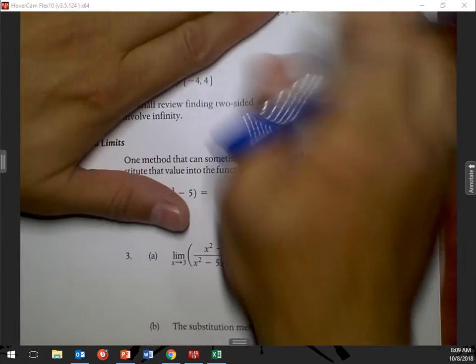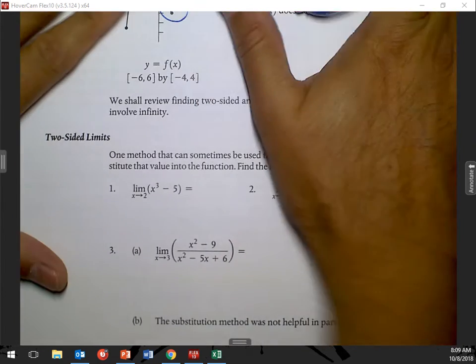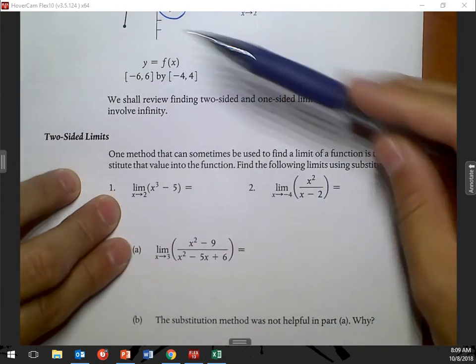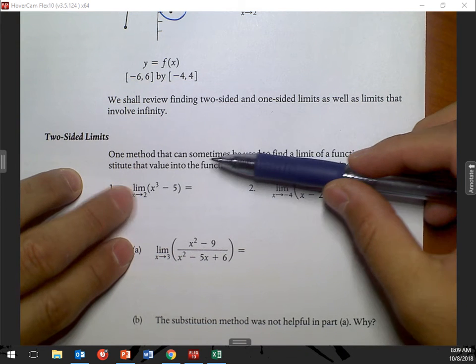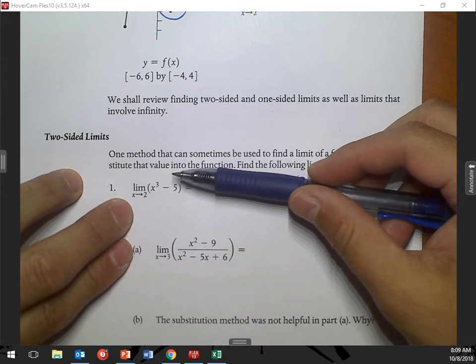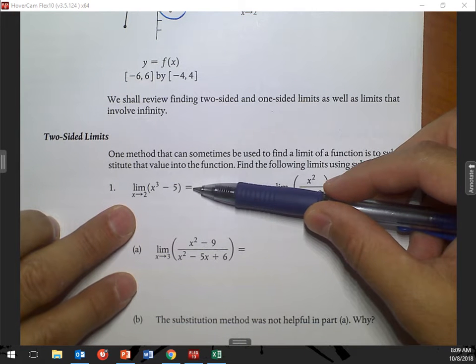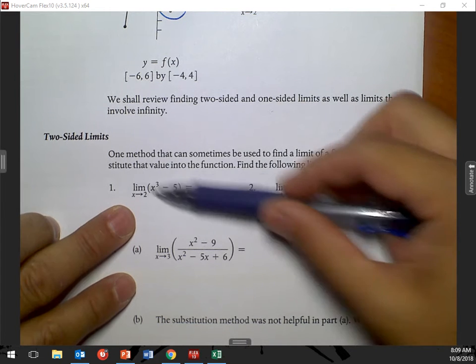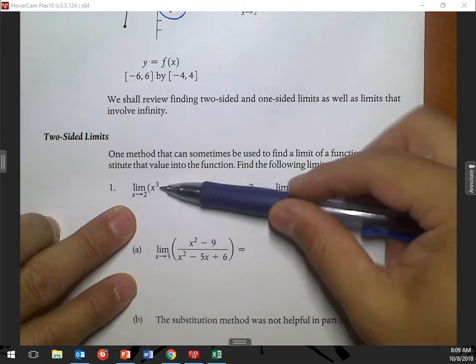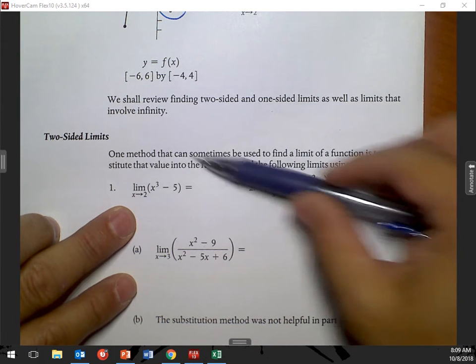Now for this one, whenever you're looking at something like this, is there some type of restriction on the domain? Are there any values of x that would be an asymptote or undefined?